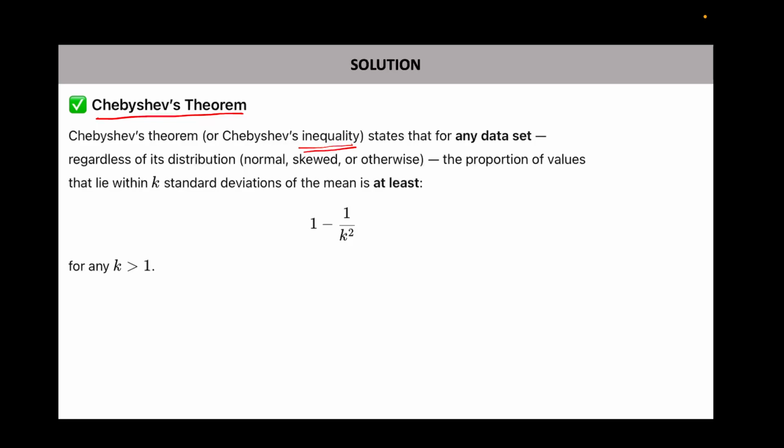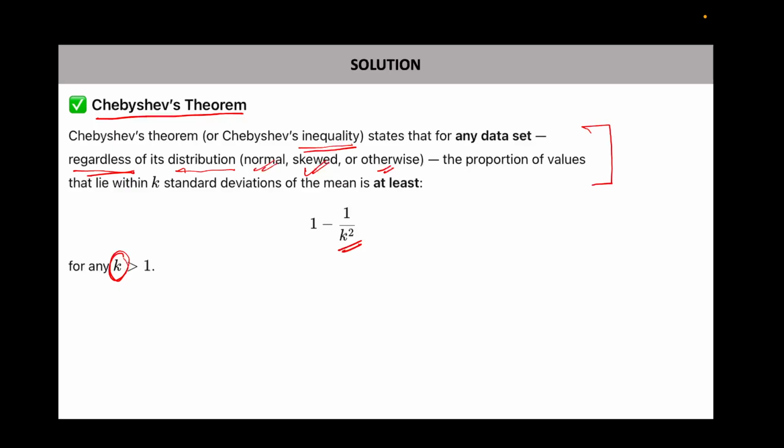This theorem states that for any kind of data set, regardless of its distribution, whether it is normally distributed, skewed, or any other kind of distribution, the proportion of values that lie within k standard deviations of the mean is at least 1 minus 1 upon k squared, where k should always be more than 1.